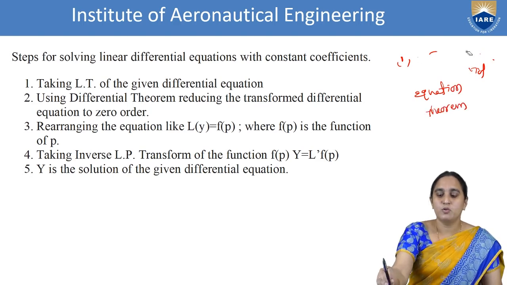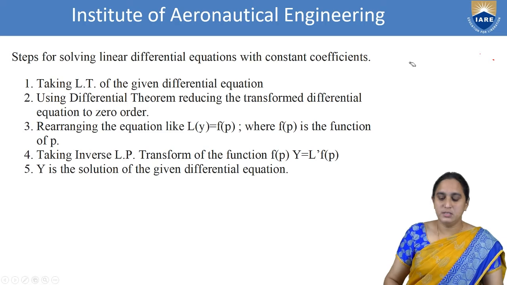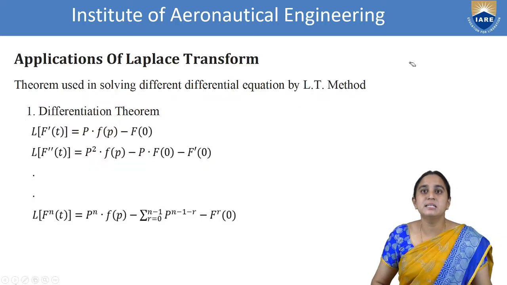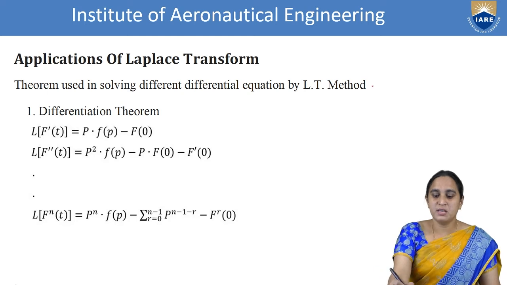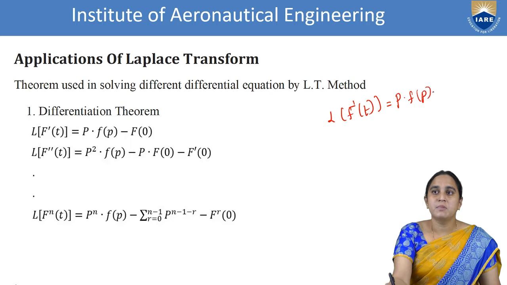What is the differential equation theorem here? This is the differential equation theorem. After applying the Laplace transform, what is L of f dash of t? It is p into F of p minus f of 0.